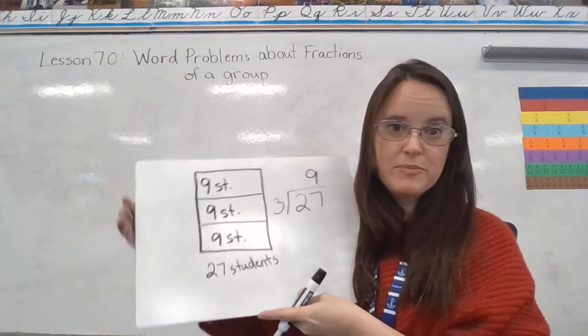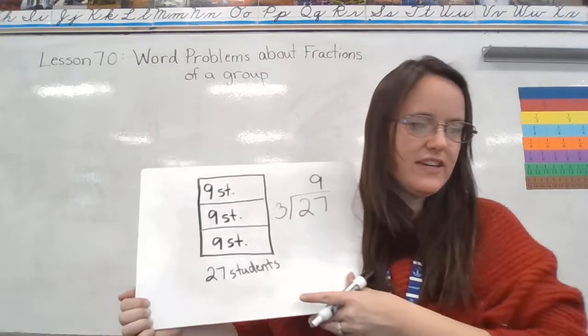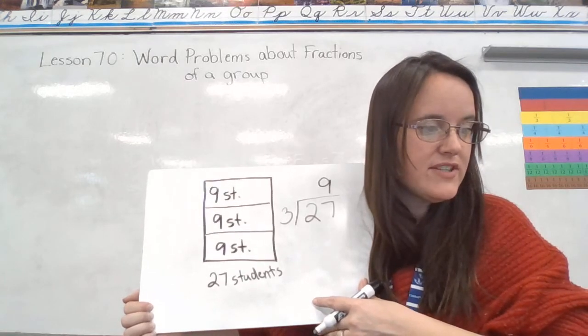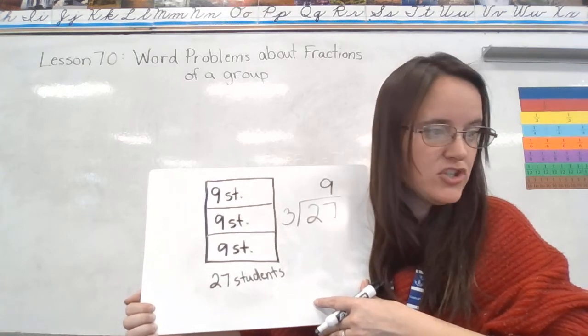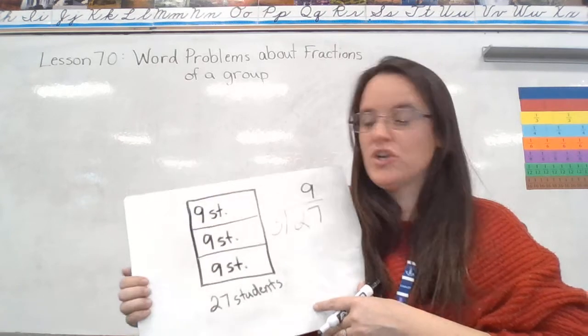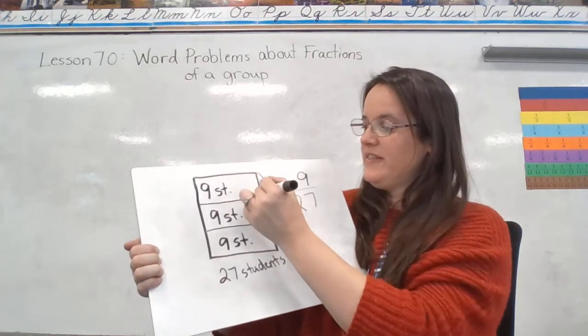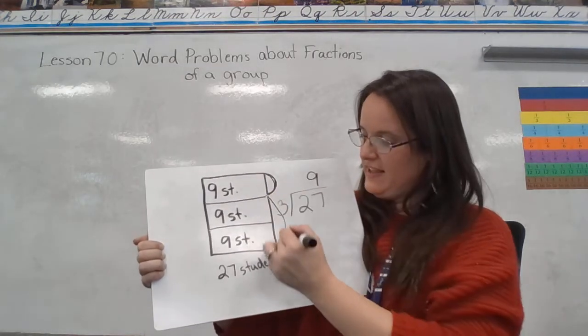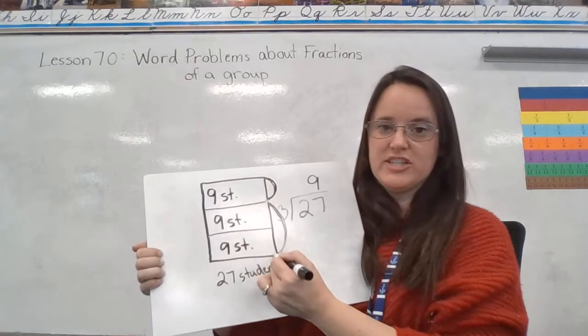Now we're going to go back to the problem and say, well, what did they want us to figure out? It says 1/3 of the students purchased lunch. How many students purchased lunch? So 1/3, that's just going to be this section here. These guys purchased lunch. These guys did not purchase lunch.